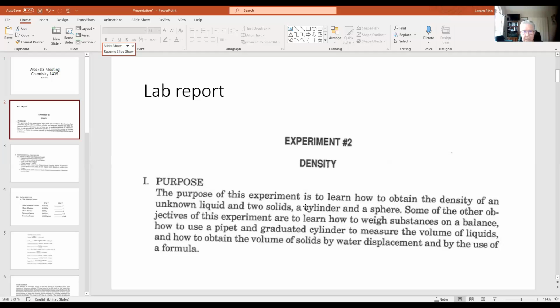The purpose is the goal that you are going to get during the experiment. As you can see, it could be very, very simple and it's expressed in the form of a sentence that you can prove at the end of your experiment.